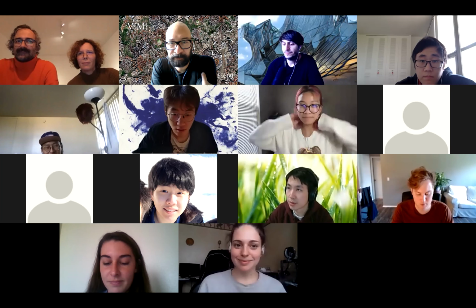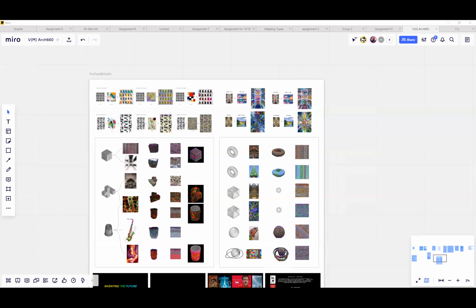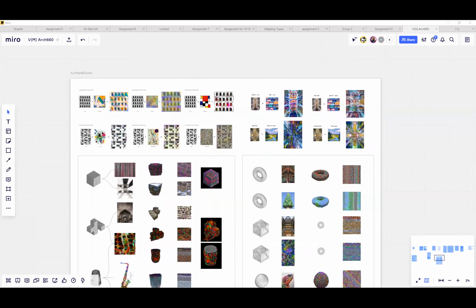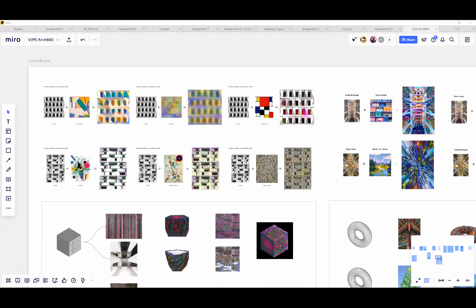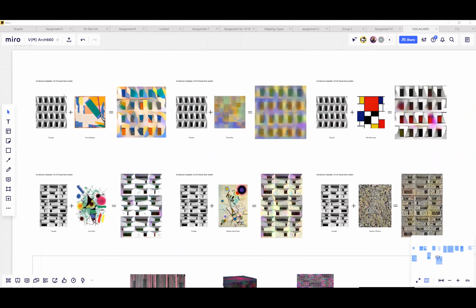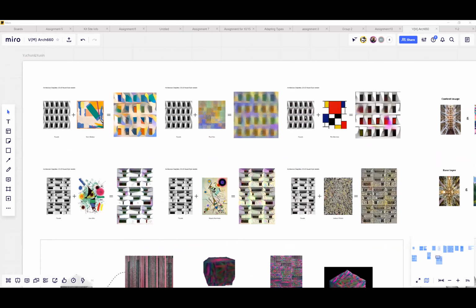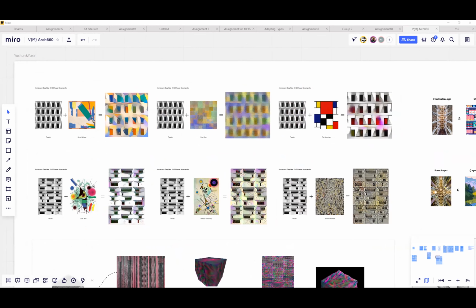So let me share my screen. So we will first go through the previous experiment about the 2D and 3D neural style transfer. And in this part, I was trying to transfer some famous paintings onto the facade or onto the windows.